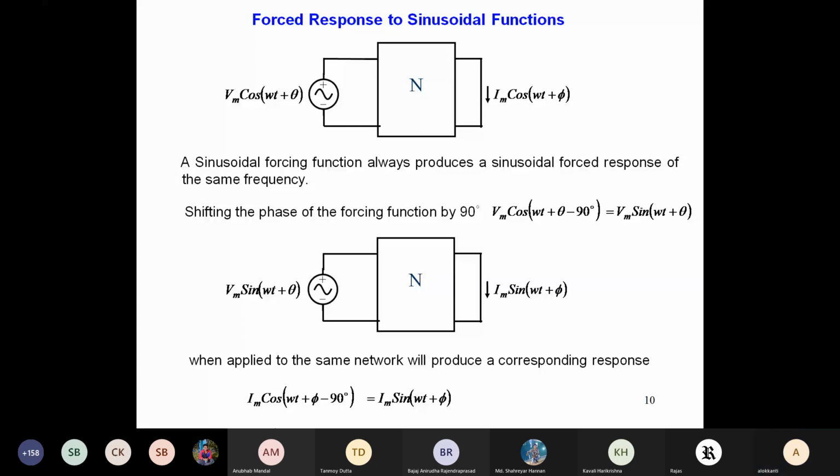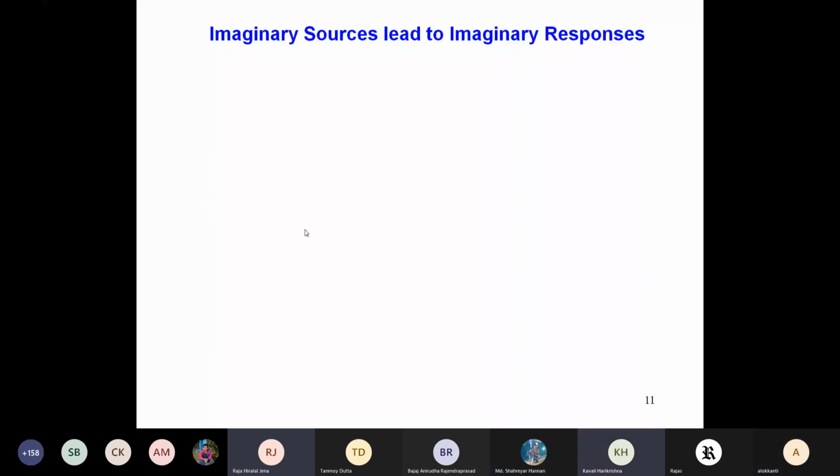Is my screen visible? The slide has not changed, it is still the previous slide. Now I'm changing it. What is the slide now? Forced response to sinusoidal function, page number 10. Now it has changed. It is 11.